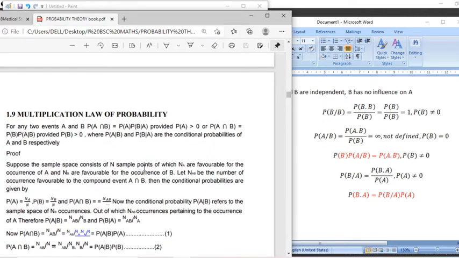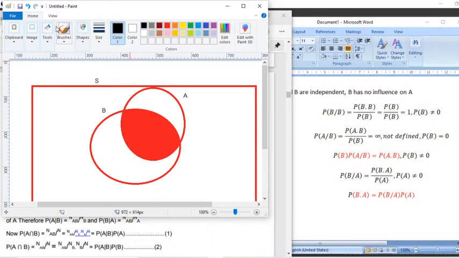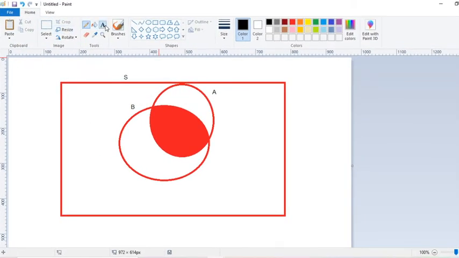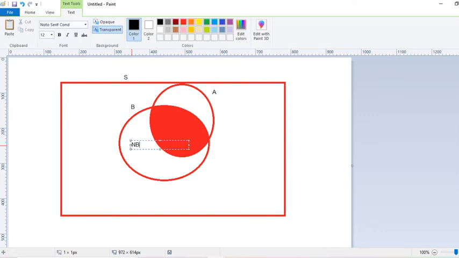Suppose the sample space consists of n sample points, of which Na are favorable for the occurrence of A, and NB are favorable for the occurrence of B. Let NAB be the number of occurrences favorable to the compound event A intersection B. So if you look at this figure, suppose there are NB observations inside for the occurrence of event B, and Na favorable cases corresponding to the event A, and this red shaded region is the intersection region of A and B. So let it be NAB.